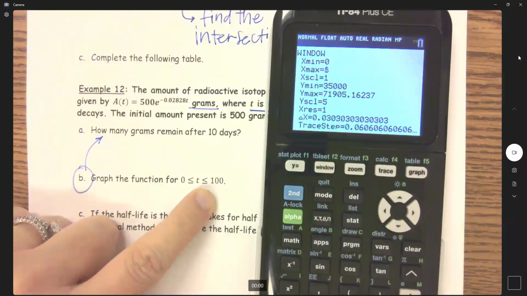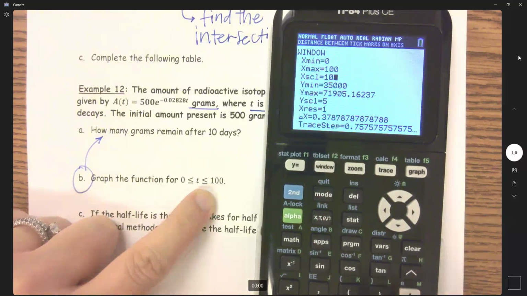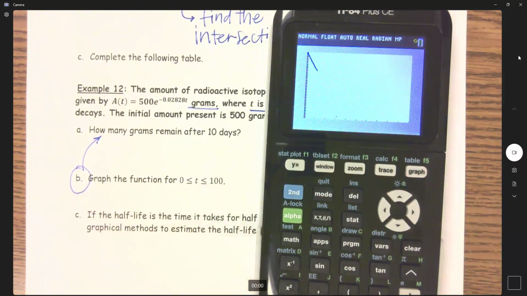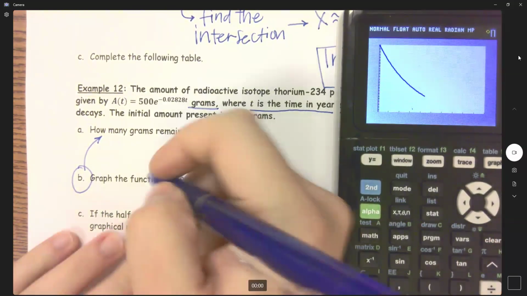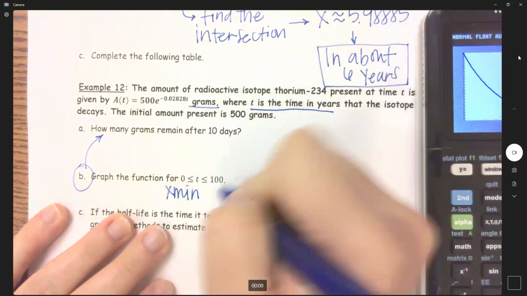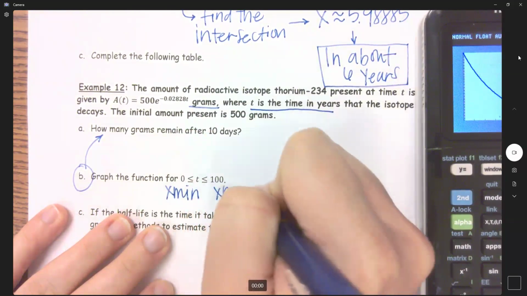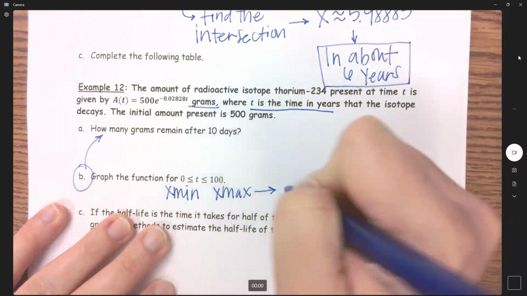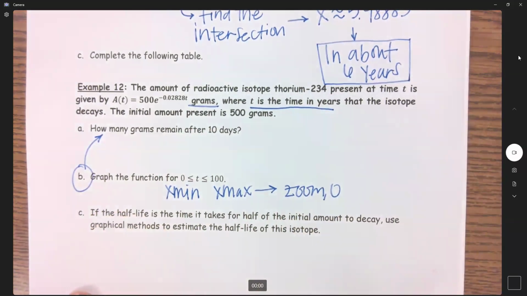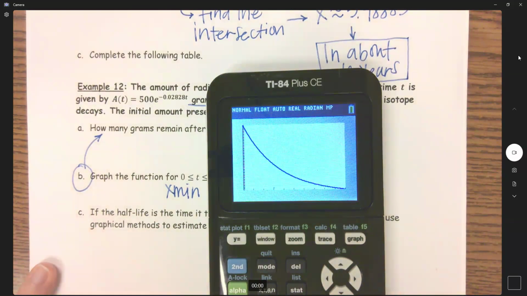So 0 to 100, let's go a scale of 10 and we'll go zoom 0. Okay, so this was my x min. This was my x max. And we'll hit zoom 0. And we get this graph here.